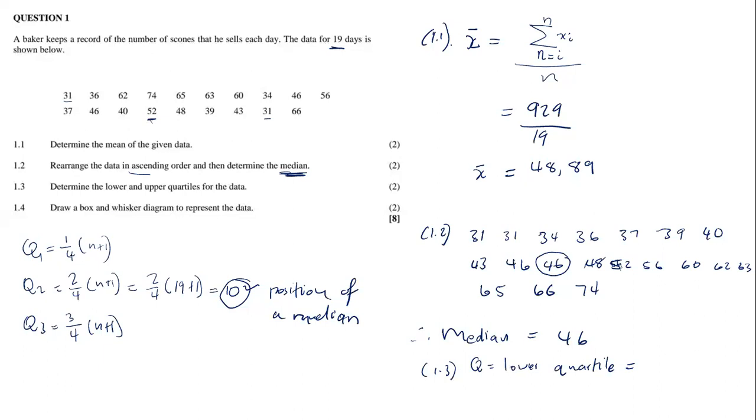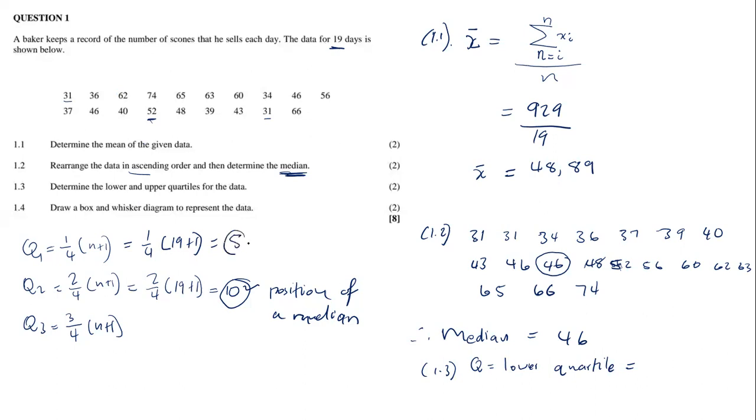So now, let's determine the position of the lower quartile. Remember, 1 over 4, open bracket. How many terms do we have? It's 19 days. Don't forget that. You can even count them. So we're going to say 19 plus 1, which on our calculator is 20. Now, what is 20 divided by 4? It's 5.